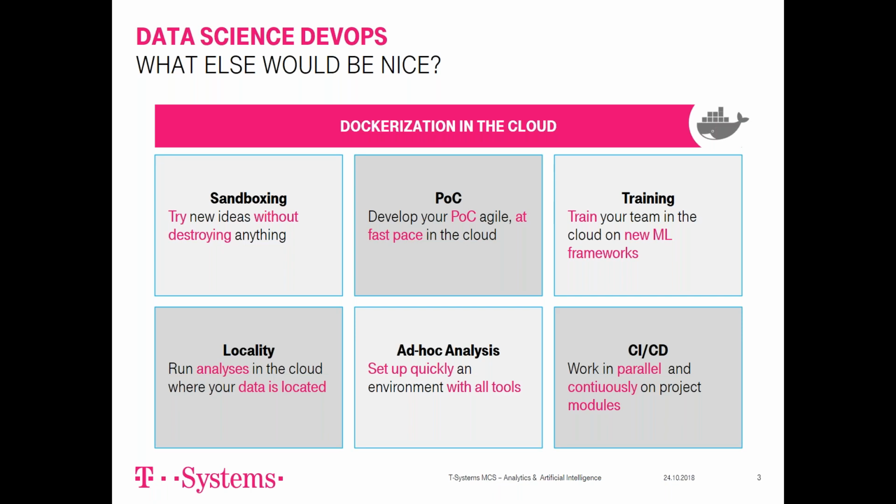Last but not least, if we are going into production with a new, let's say, model or application using analytics, something that becomes important is continuous integration and continuous deployment. And so this is possible very easily when we focus on microservices, which is based on Dockerization.